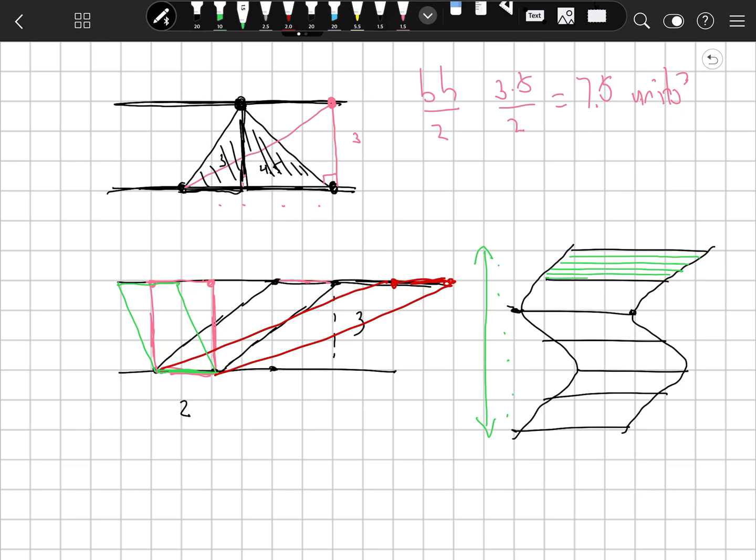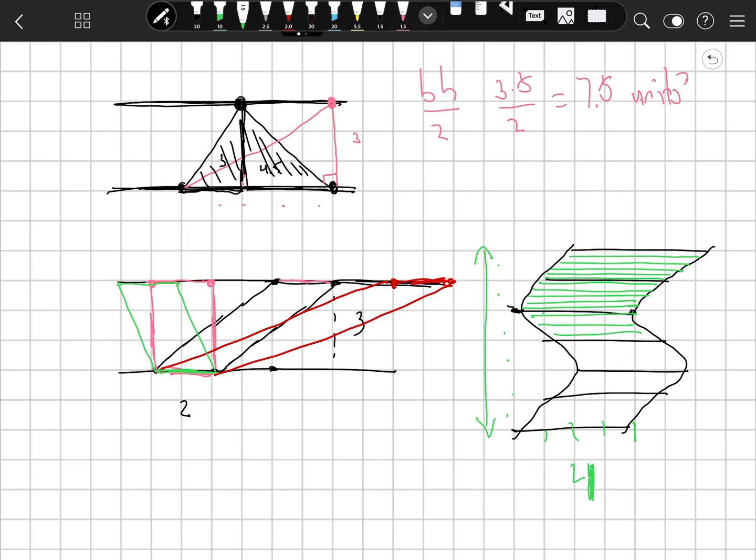So if we broke that down into smaller and smaller parts, you'd see lines of all the same length there. And we know the length is 1, 2, 3, 4. So 4 units long.